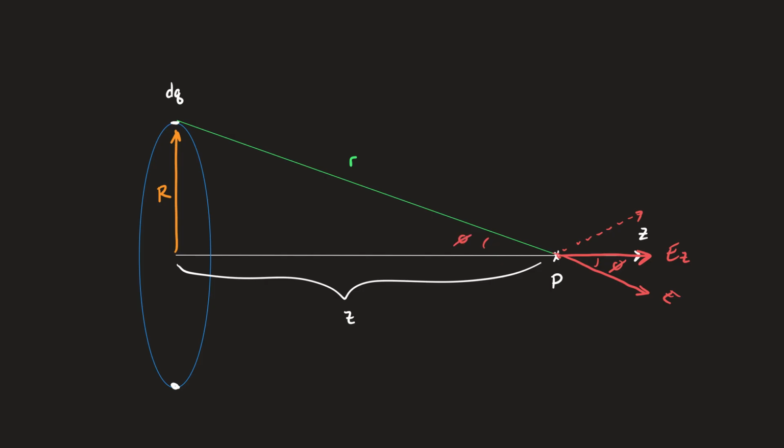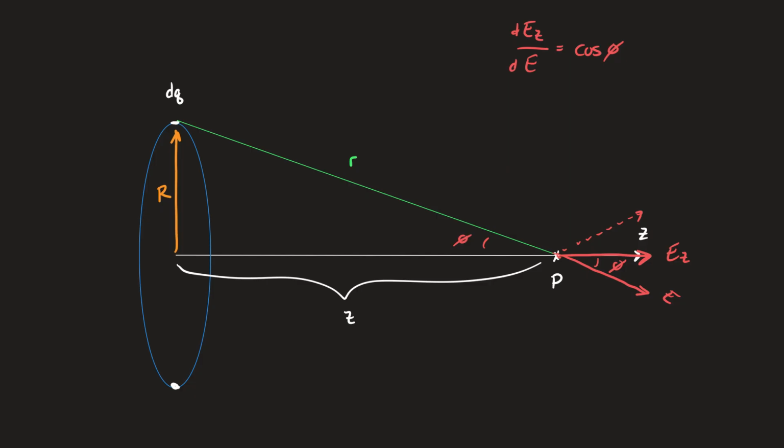Pretty sure I want the cosine component. You guys see why? It's the one that's along the z-axis. So E along the z-axis to the total value of E, that ratio is cosine phi. Truthfully, I should put d's here to indicate that these are just the partial electric fields.